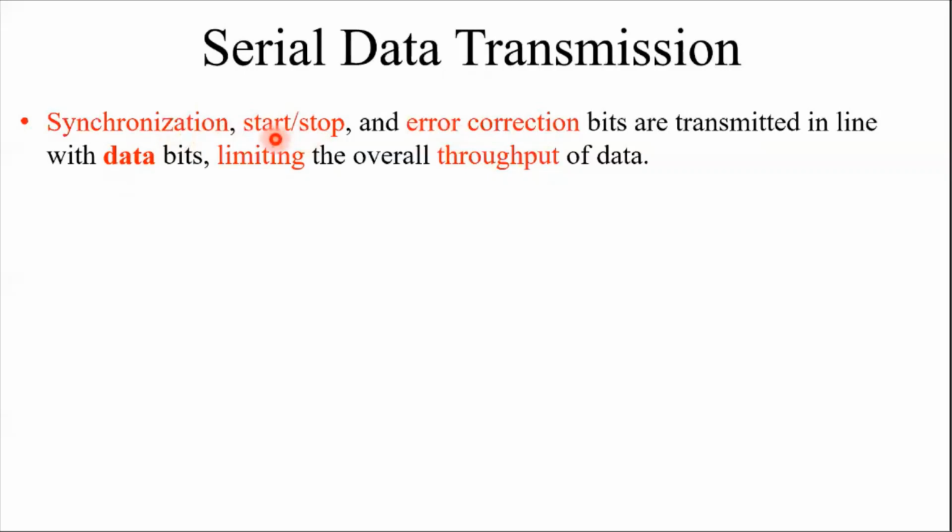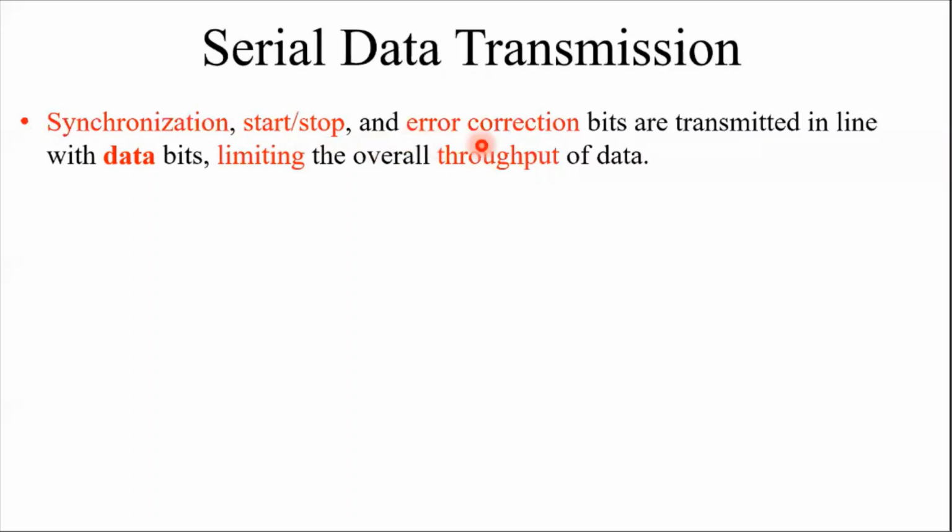When the receiver receives the start bit, it knows that after this bit the actual data will be transmitted. And when it receives the stop bit, the receiver knows that it is the end of the frame or the end of the data. Immediately after this stop bit, the next bit would be the start bit of another frame. So the receiver can distinguish between frames with the help of the start bit and the stop bit. Another one is the error correction bit.